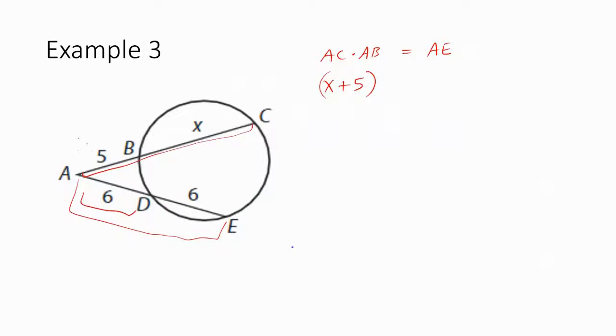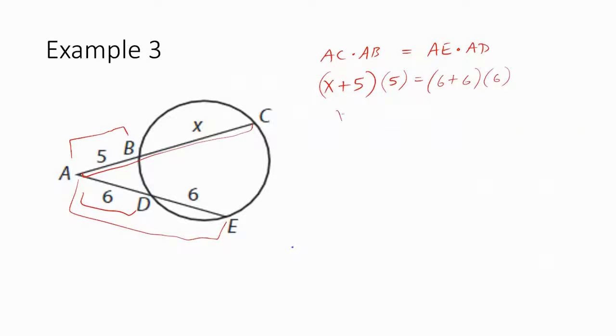So again, AC times AB, and then AE times AD. So we have x plus 5, which is AC, and then AB, which is 5. And that should equal AE, which is the 6 plus the other 6, which is really just 12, times AD, which is 6.